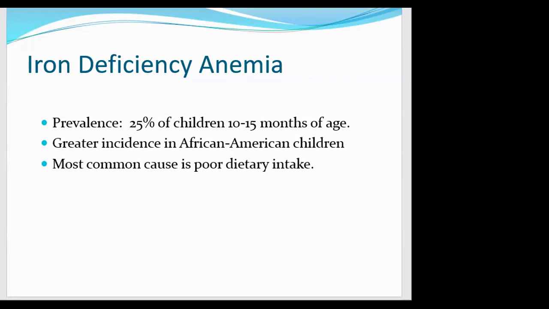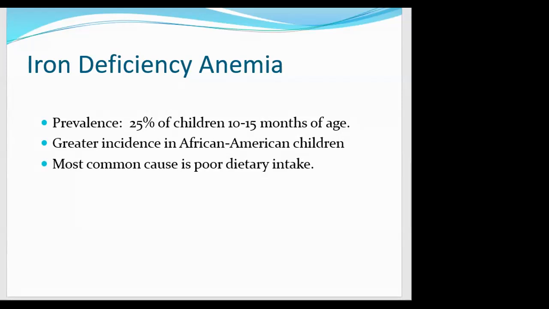There are other risk factors for iron deficiency anemia also. Premature birth, so anytime you have preemies, they're at risk for iron deficiency anemia. Toddlers with excessive intake of cow's milk. So if your toddler comes in and you take a CBC and the child is anemic, ask that mom, what does this child drink?